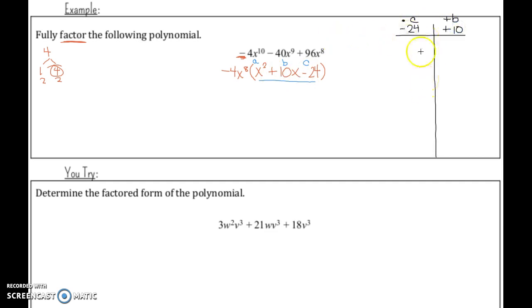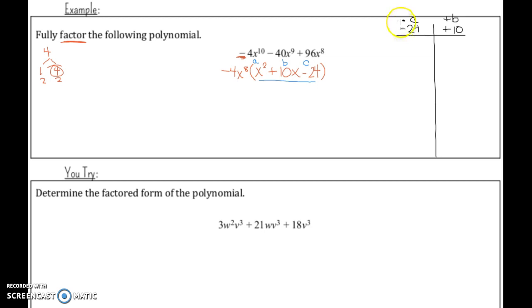So now we're always going to do the left side first. And we are going to go through and make a list of everything that multiplies to negative 24. It's almost the same process as our factor trees, but with factor trees, you didn't care if it was positive or negative, and now you definitely do. So I have to think about what numbers could multiply to negative 24.